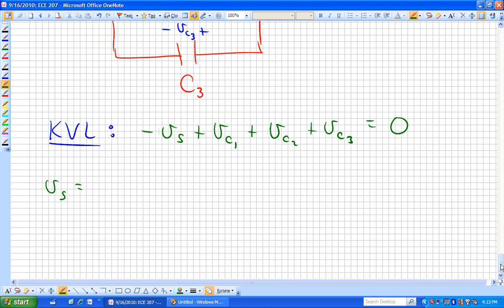Maybe we should go a little bit aside and look at the voltage relationship on these capacitors. So maybe right now we just do some background. We know that I sub C of t from ICE is C dV sub C of t dt.